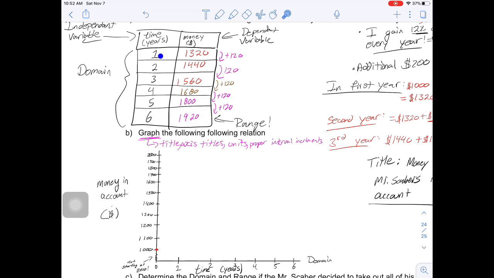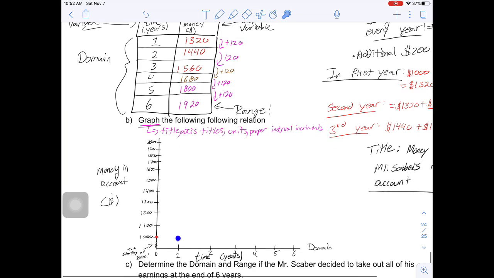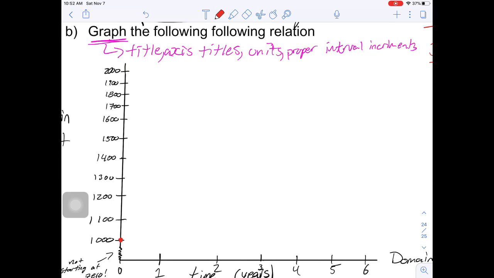Well, my time in years is 1, and this will be going to 1,320. So here, I'm going to start off way up here, and that's going to be roughly 1,320. So that's going to be pretty close to 1,300. So I'm going to plot my first point here.